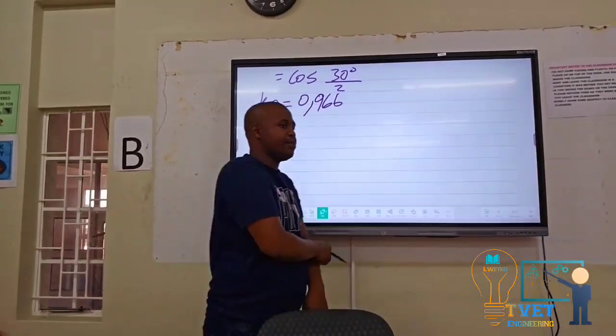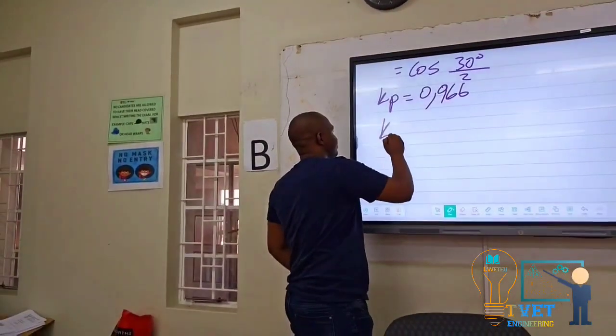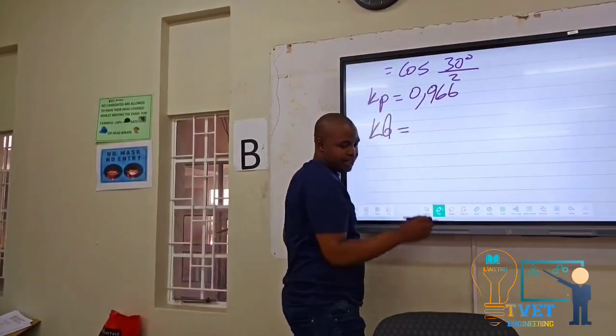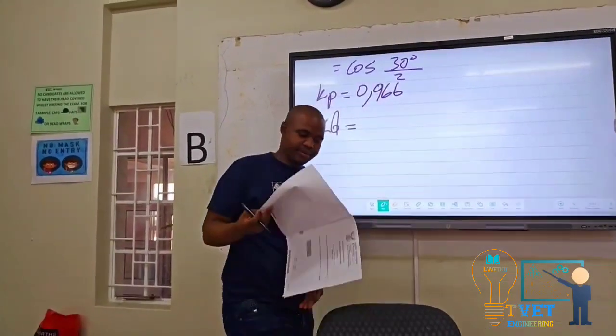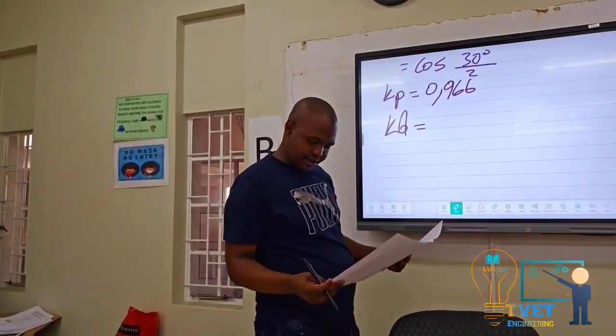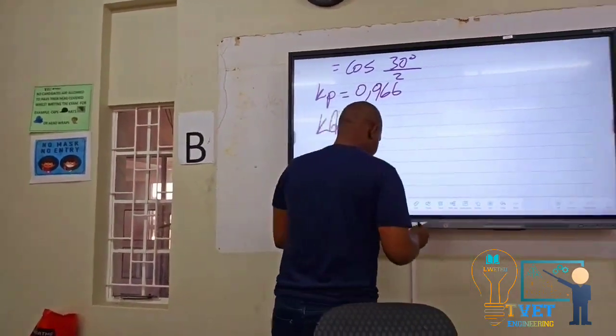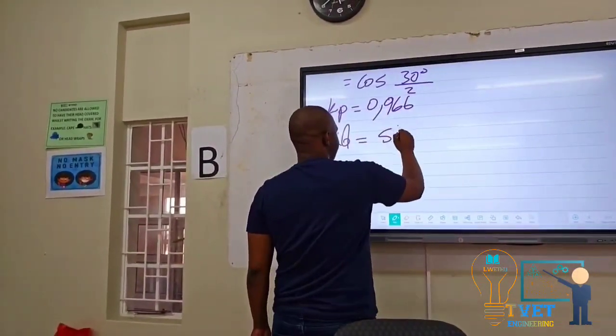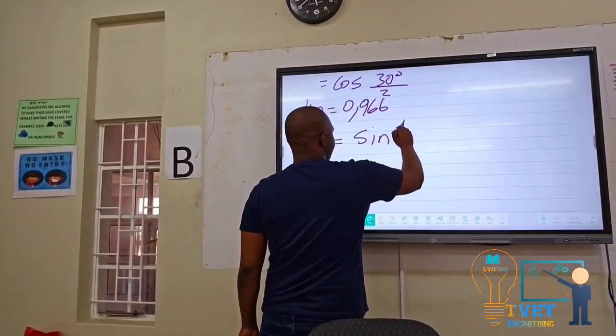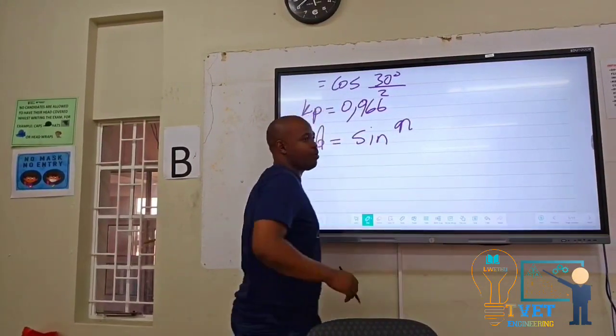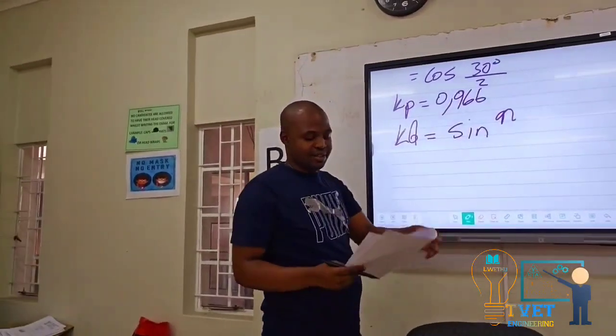Now get the distribution factor. There is also a formula with mu. Mu is not for efficiency.